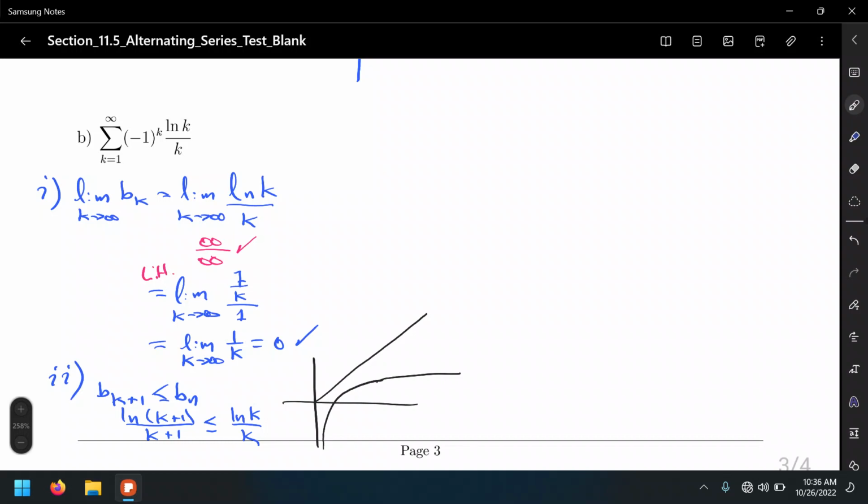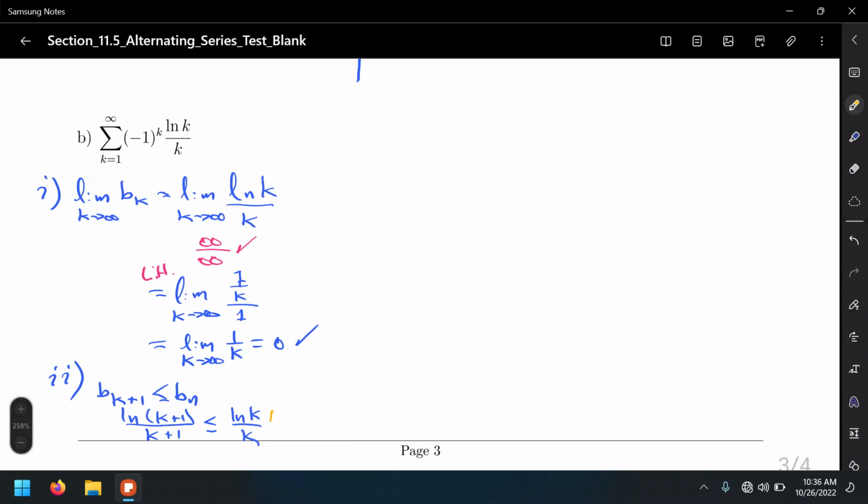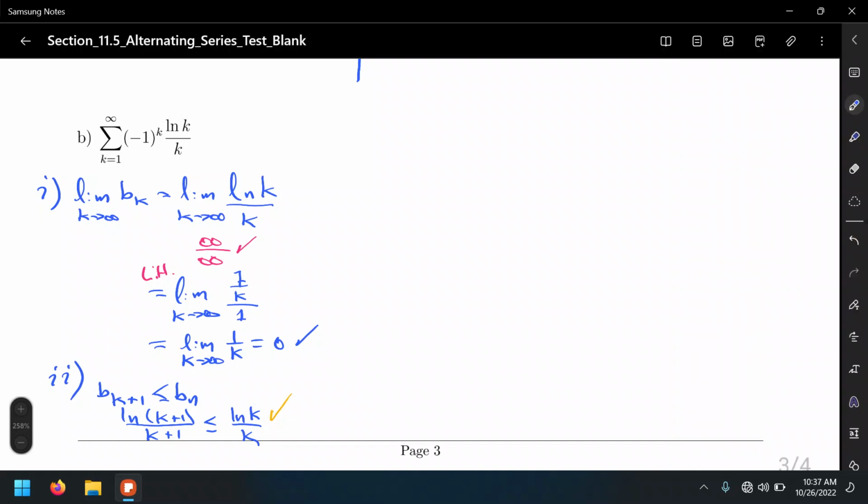All right. So for this reason, this is also true, and we can say that the alternating series converges. So now, let's check for absolute convergence.